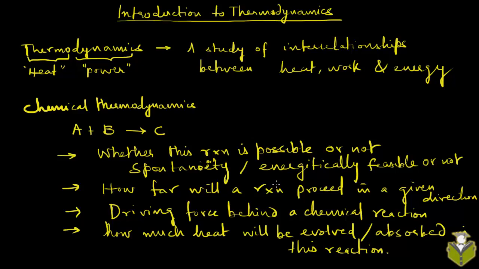We'll also talk about various laws of thermodynamics, which apply only when a system is in equilibrium or moves from one equilibrium state to the other. So when we say thermodynamics is a study of interrelationships between heat, work, and energy, we mean these relationships when the system is at equilibrium.